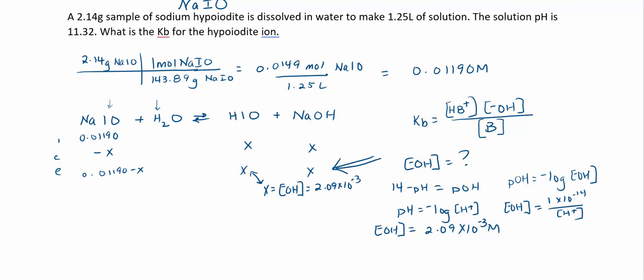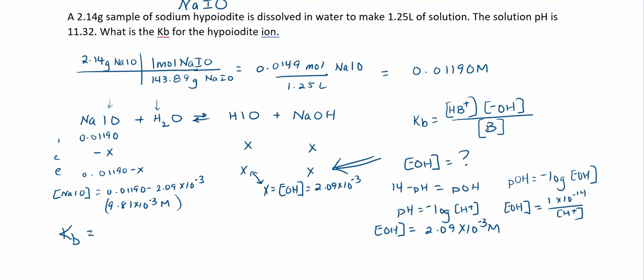And then at equilibrium, the concentration of my NaIO is going to be equal to 0.01190 minus my X value, 2.09 times 10 to the negative third. And I get a value of, it looks like, 9.81 times 10 to the negative third. My own writing is a little bit scratchy there, so it's hard to tell.